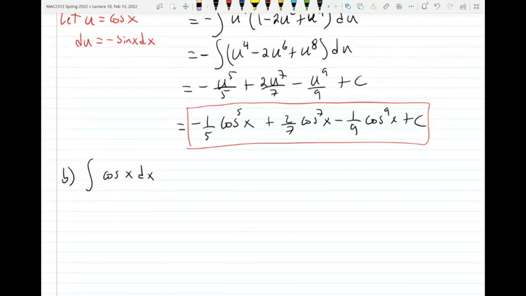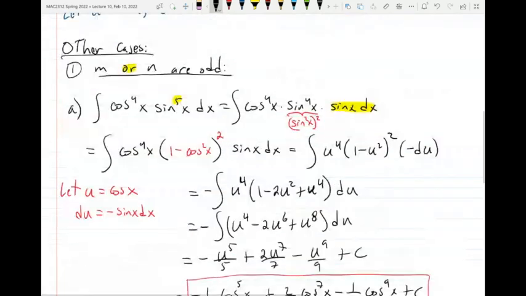This is a cube, with just a cosine in there, no sine with it. I want to tell you that it doesn't matter if there is nothing. As long as the power is odd, that's all you need.